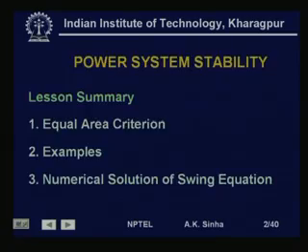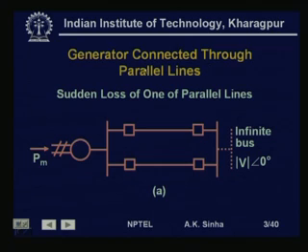So, we will start with a generator connected to the infinite bus by means of parallel lines. That is, we have two lines which are connecting this generator to the infinite bus.